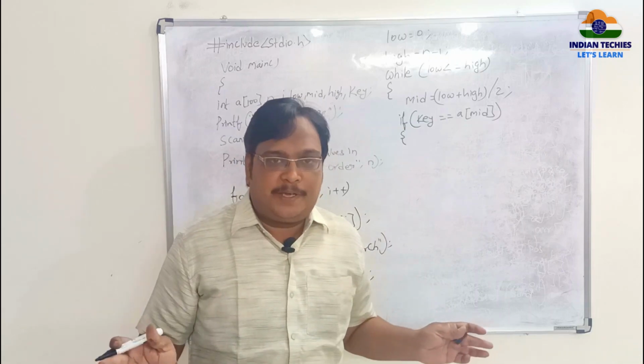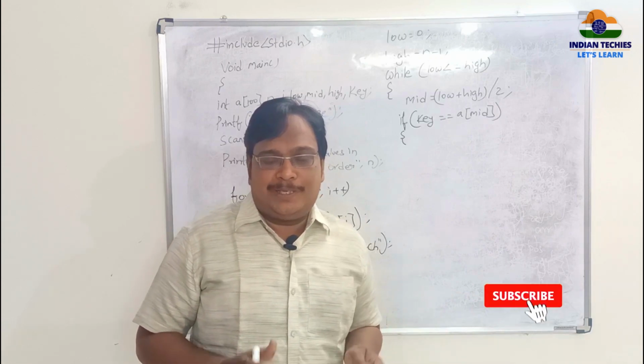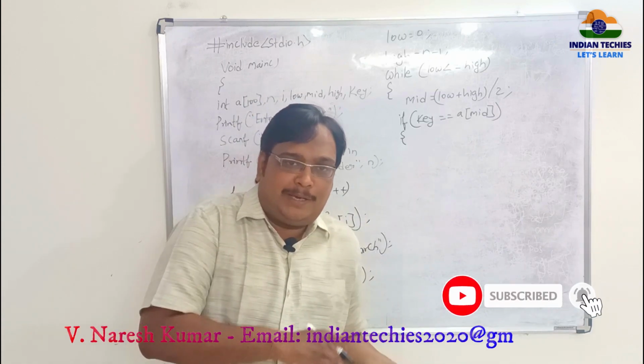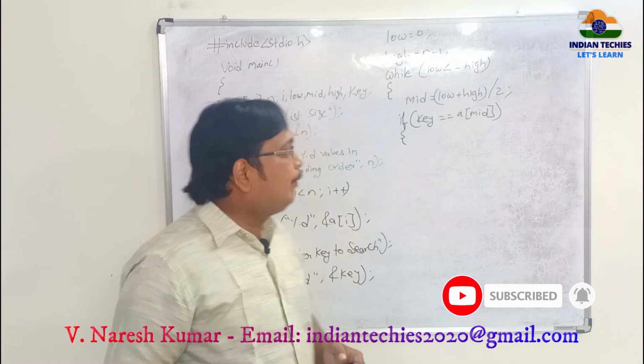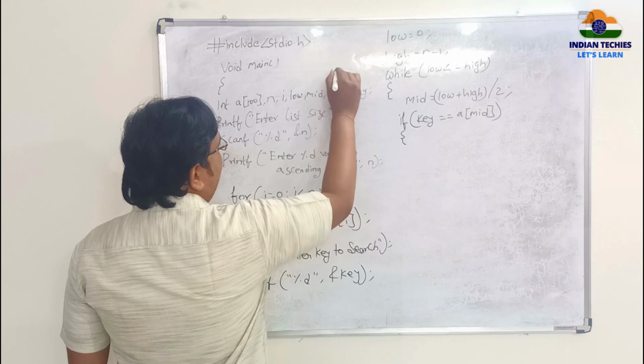We will not have any clarity whether the loop has been terminated by finding the value or by not finding the value. For that purpose only, I am taking here one more variable called as flag.